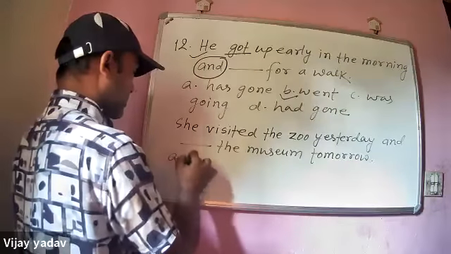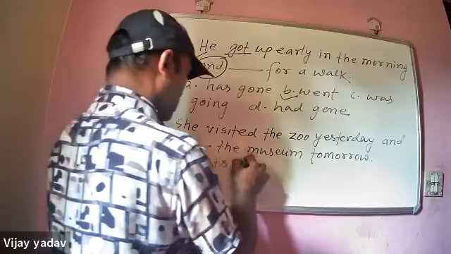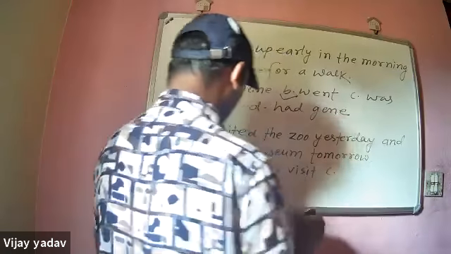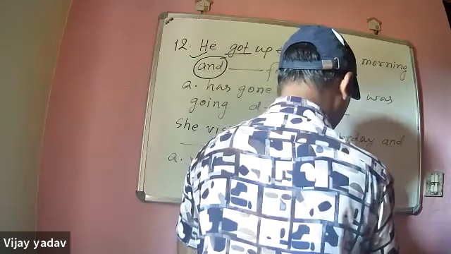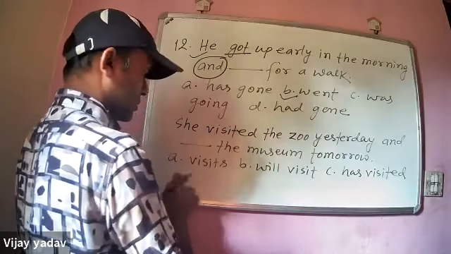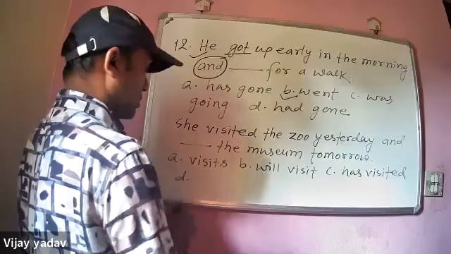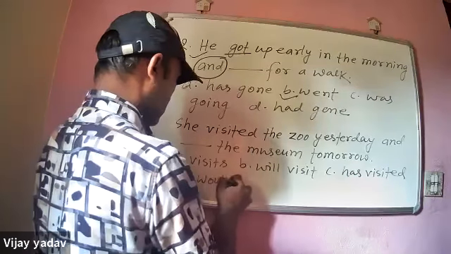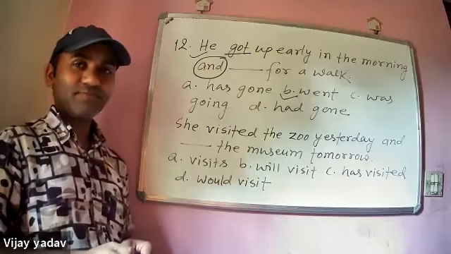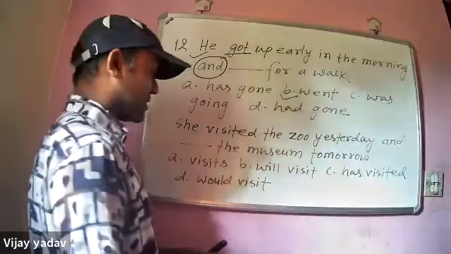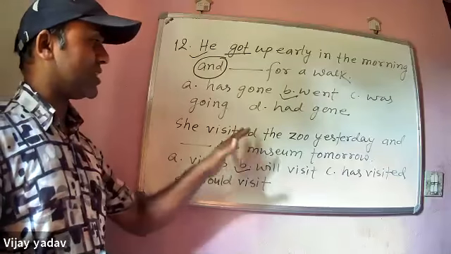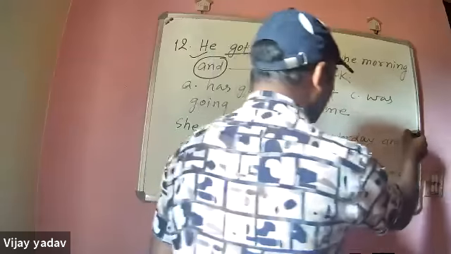Options: visits, will visit, has visited, would visit. Which one? Option B. Isn't it? So she visited the zoo yesterday and will visit the museum tomorrow.